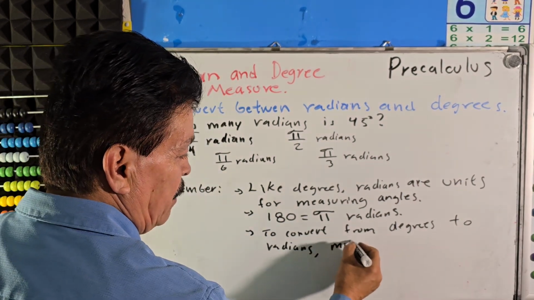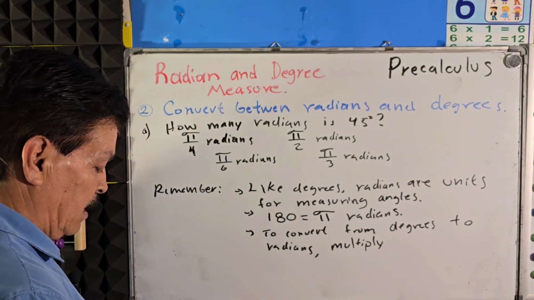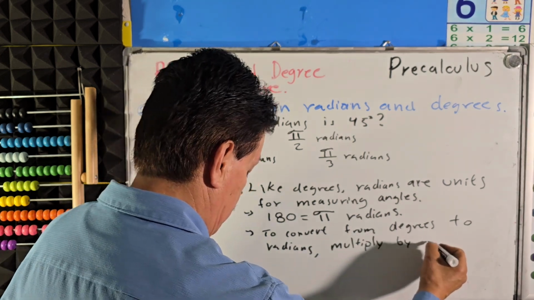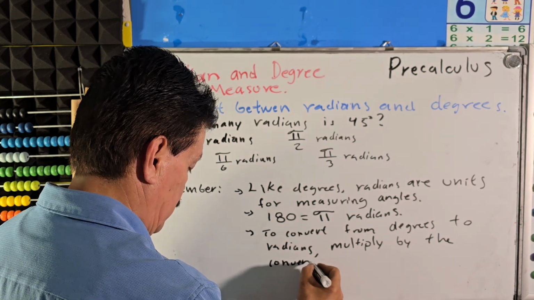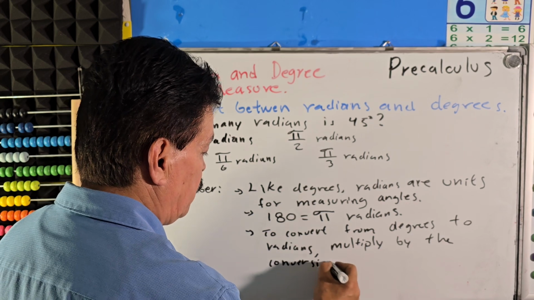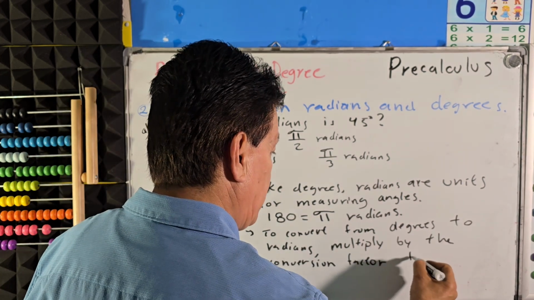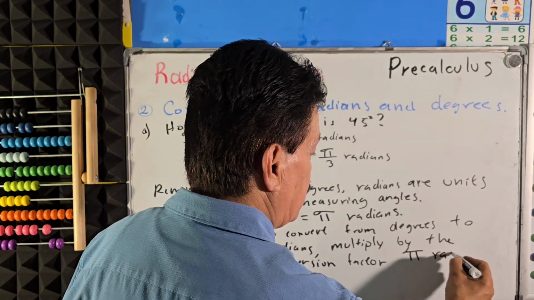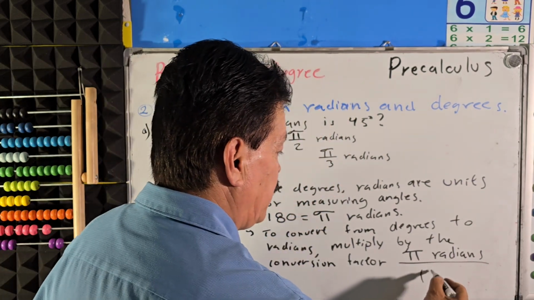We have to multiply by the conversion factor, pi radians divided by 180.